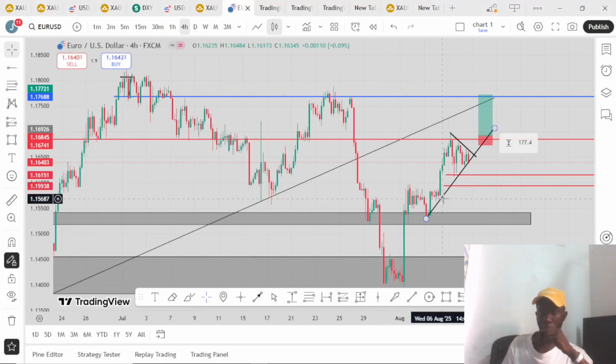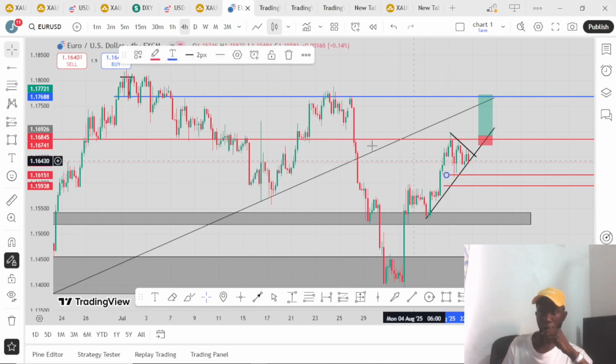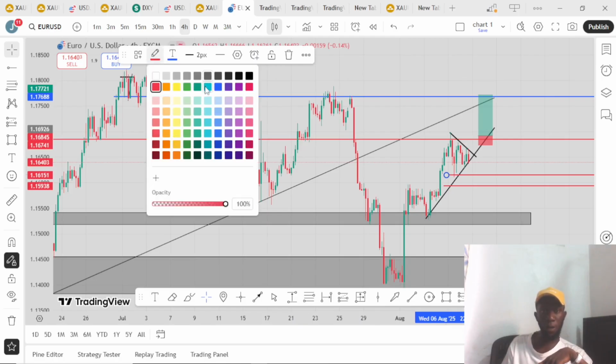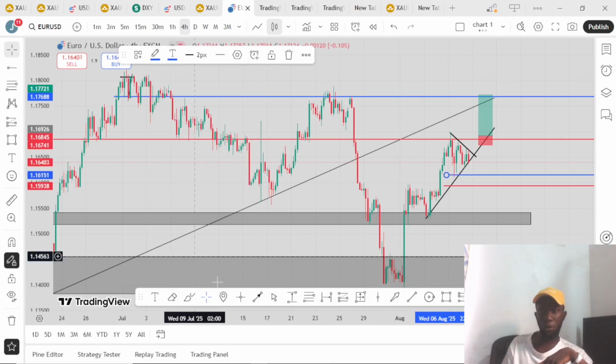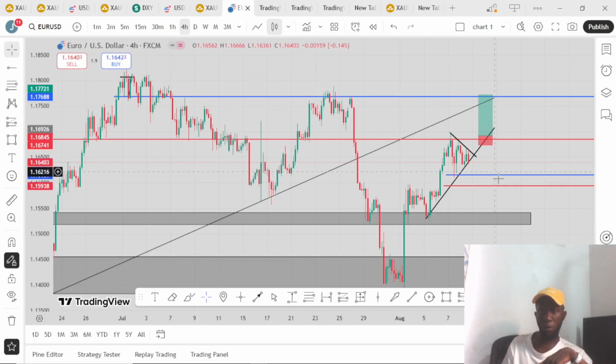There is a possibility of retracement. Maybe price might come to rebalance the movement of price on these particular zones before going up, guys.